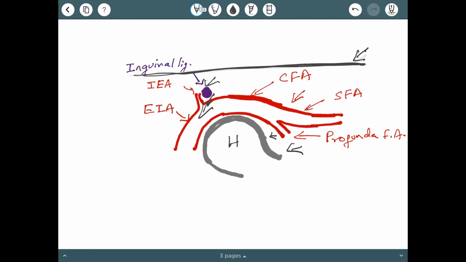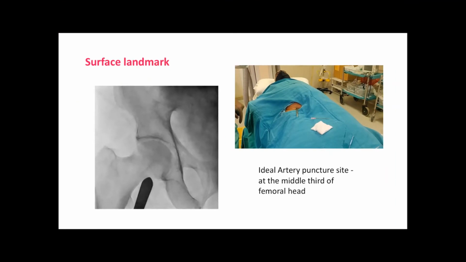So how do we manage this problem and make sure that you puncture at the ideal spot over the artery? The teaching we have been given is that either you palpate the inguinal ligament, or you use a hemostat, any opaque marker, to mark the skin site which corresponds to the inferior border of the head of femur.